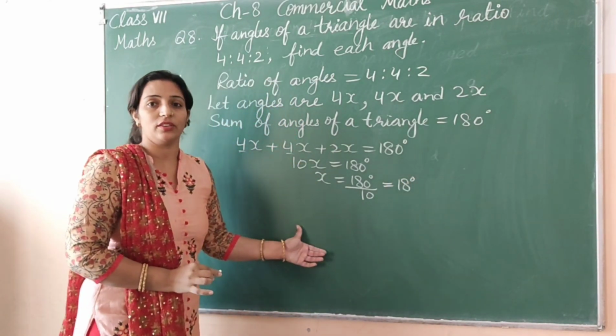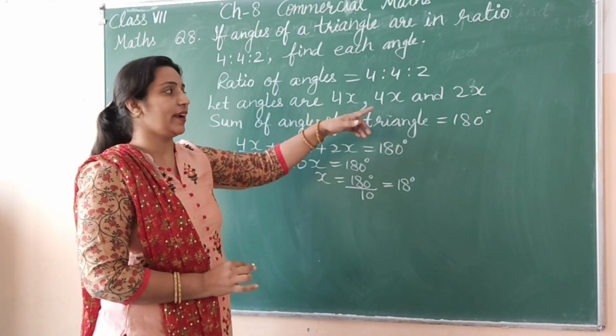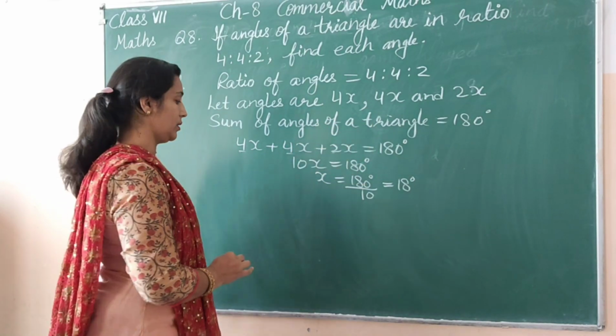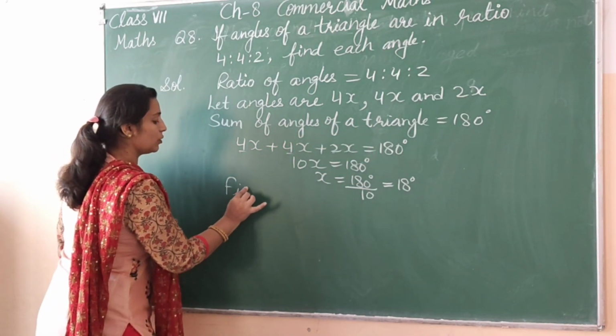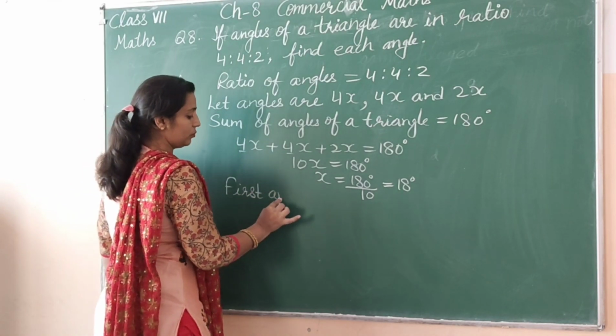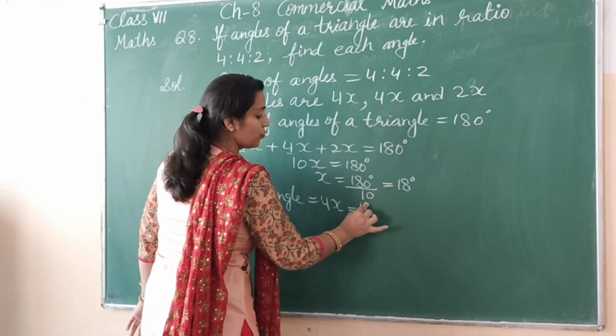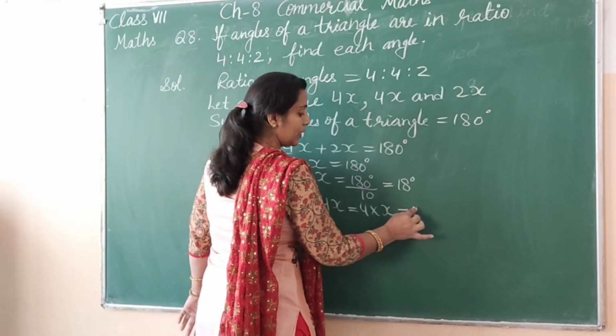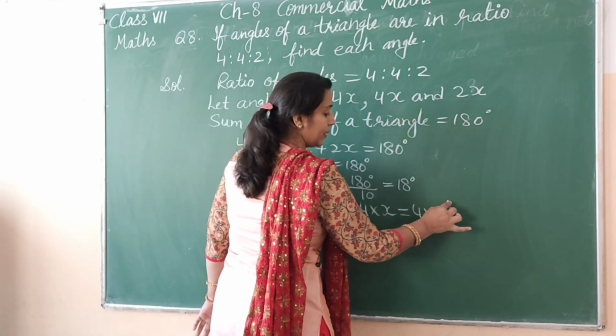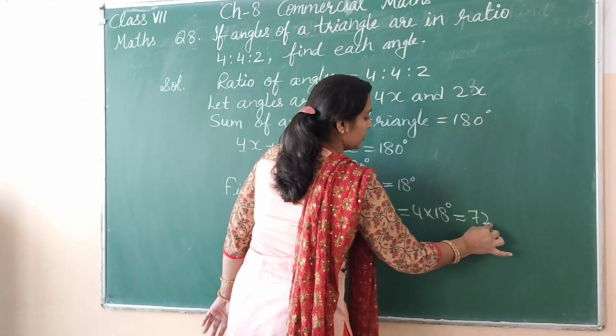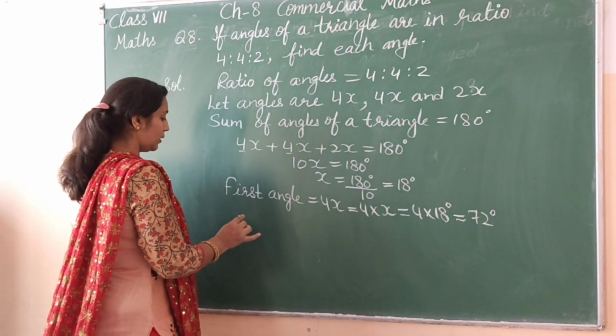Now we have the value of x. Now we can find the actual values of the angles. First angle is equal to 4x. 4x means 4 multiply x. And what is x? 18 degrees. So it is 72 degrees.